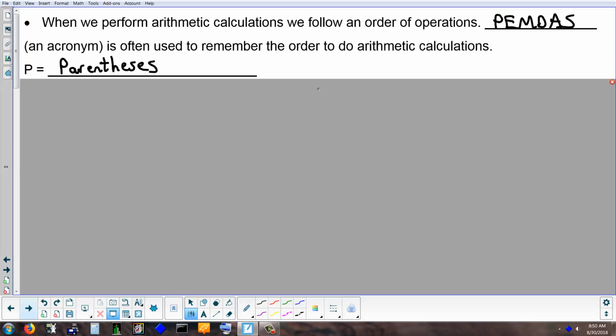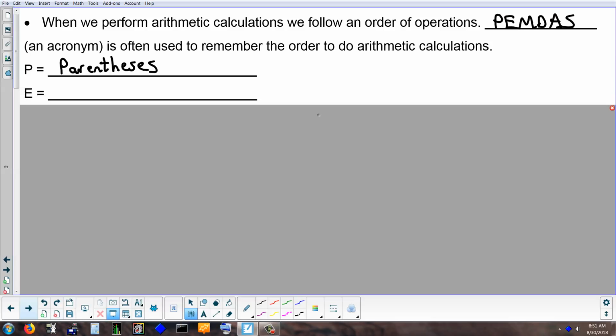All right, P will stand for parentheses. Anything that's inside the parentheses, you want to do first. And there may be more than one operation going on inside those parentheses. It's kind of like a problem within a problem. Do the stuff in there first. Once you do the stuff in there, the parentheses disappear. You're done. All right? So P stands for parentheses.